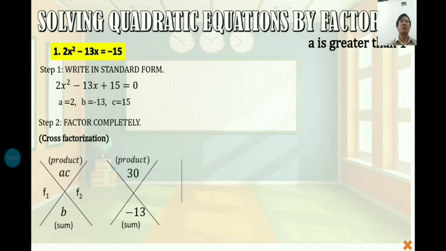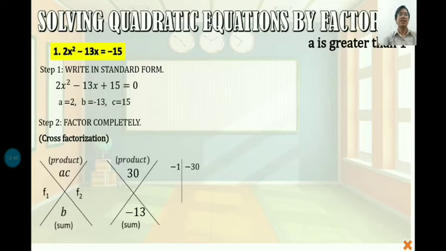Because if you multiply negative times negative, the answer is always positive. And if you get the sum of a negative integer and a negative integer, the answer is still a negative integer.